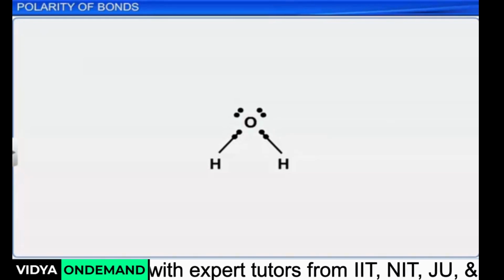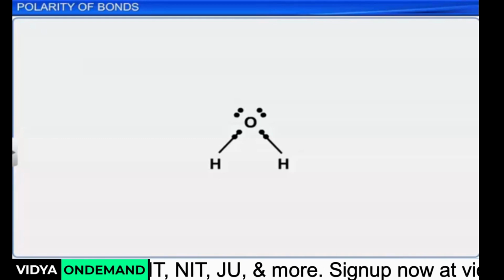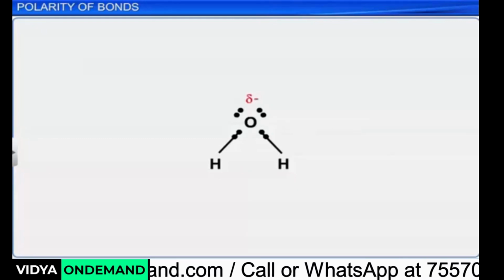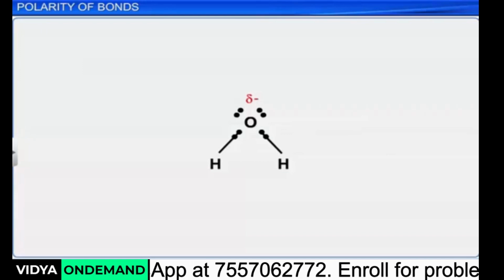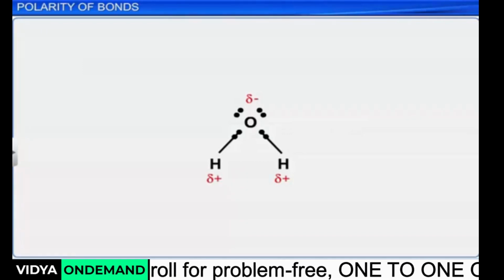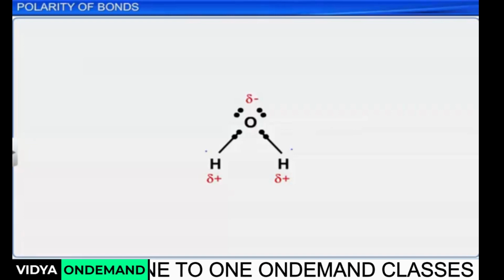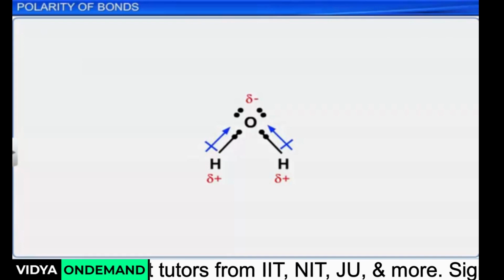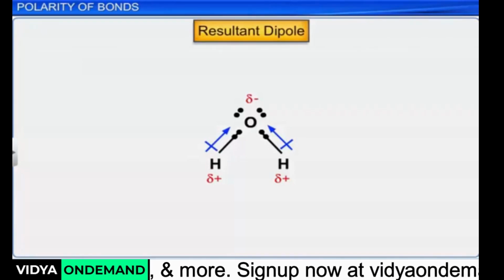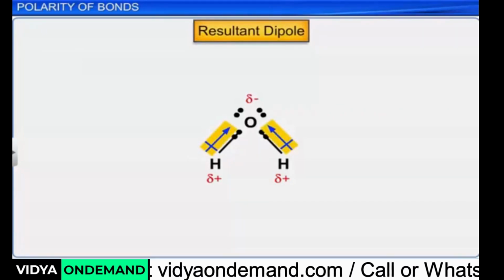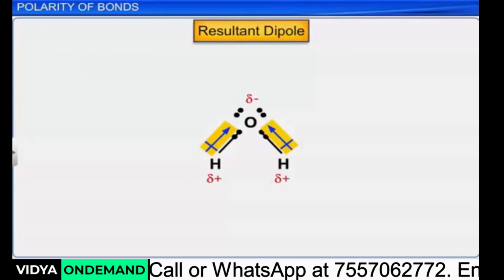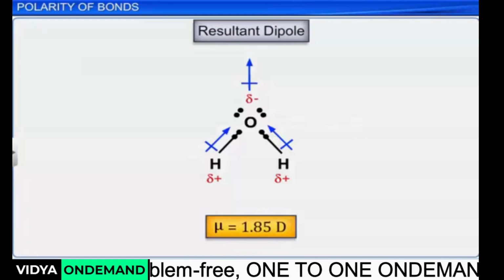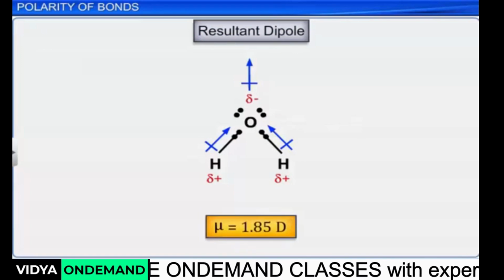So, the oxygen atom gets a partial negative charge, while hydrogen gets a partial positive charge. The bond dipole lies towards the oxygen atom. The net dipole moment is the resultant of the two bond dipoles of oxygen and hydrogen bonds. The net dipole moment, mu, in water is 1.85 D.